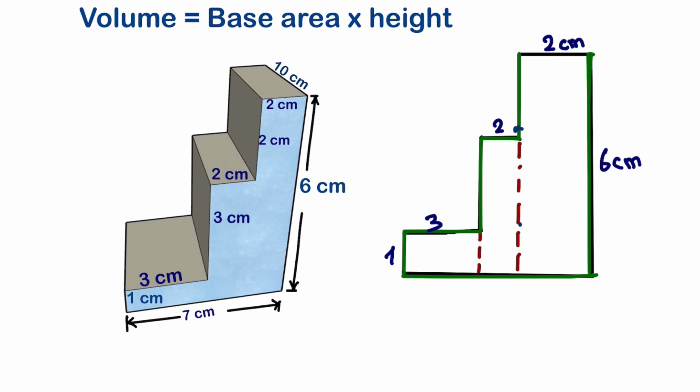To calculate the base area, we can separate this into 3 rectangles. Our first rectangle has the dimensions 2 and 6. So that is what we have here, 2 and 6. 2 times 6 is 12.